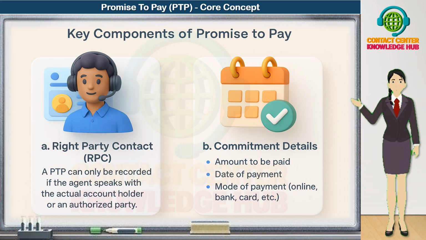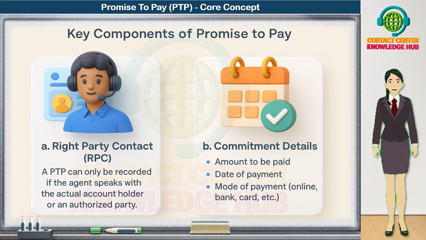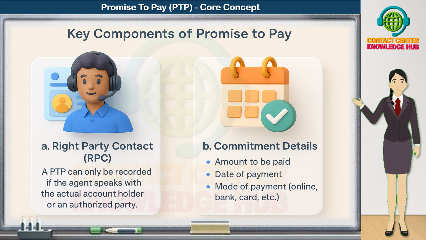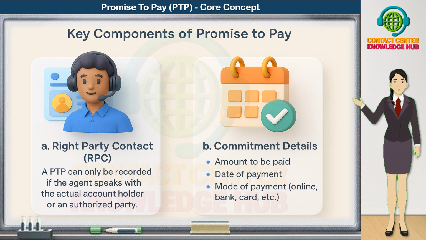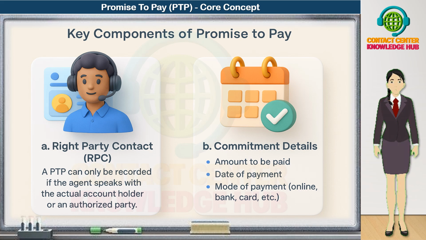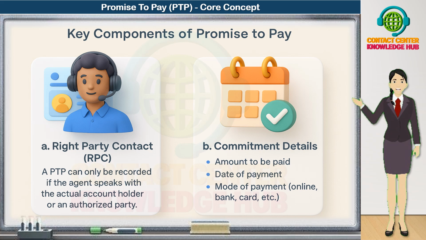Second, commitment details. Every promise to pay must clearly capture three critical points: the amount to be paid, the date of payment, and the mode of payment, such as online transfer, bank deposit, or card transaction. When these components are captured accurately, the promise becomes a reliable indicator of future cash flow, supporting stronger forecasting and follow-up strategies.